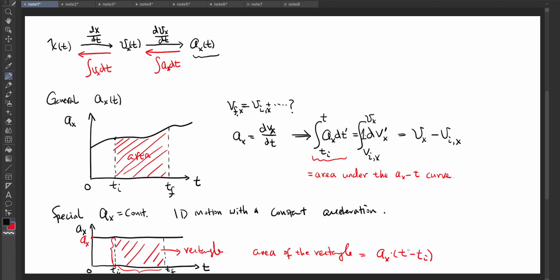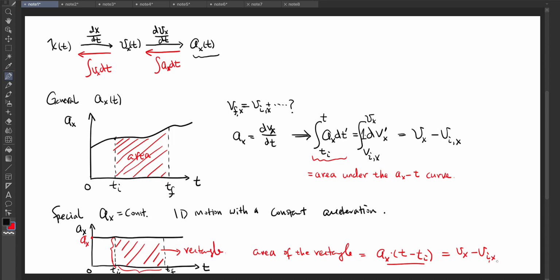Again, I don't want to put t final here because I want to have vx as a function of time. So that's the area. And then the right side is the same as before, which is vx minus vix.